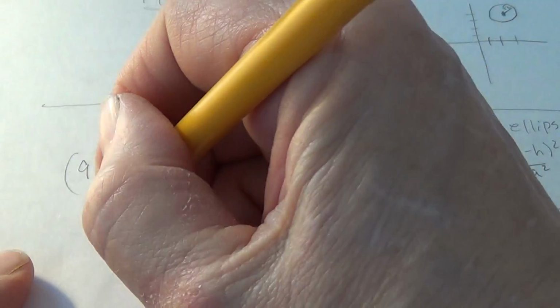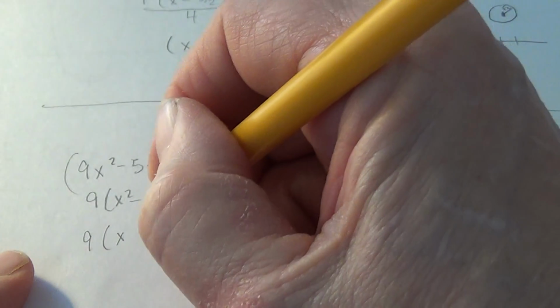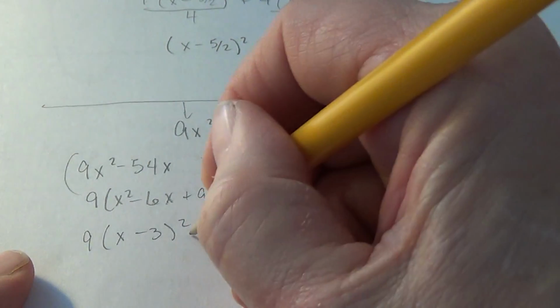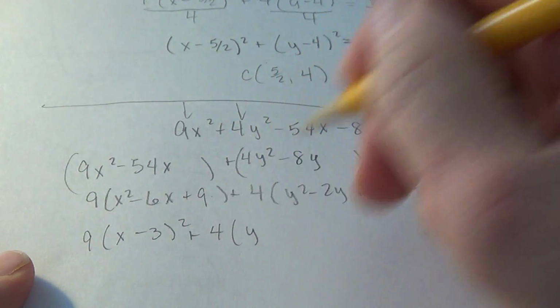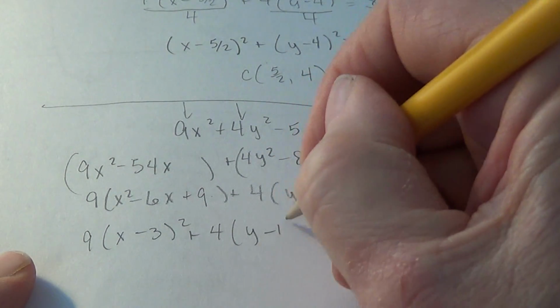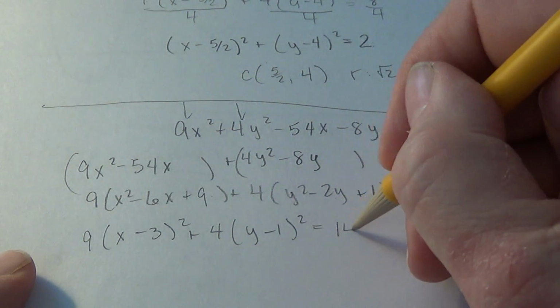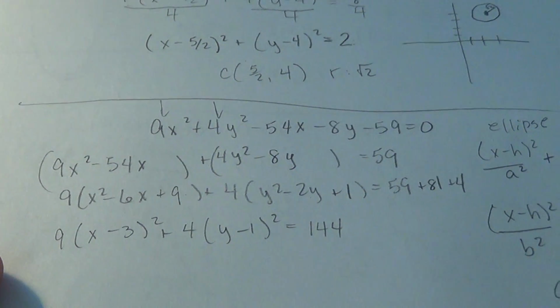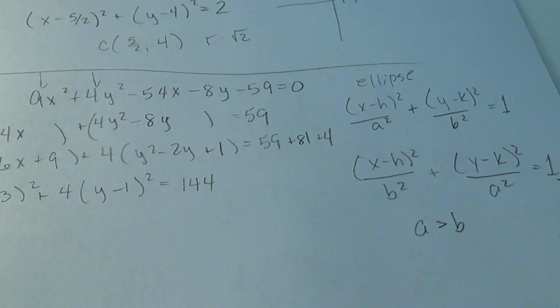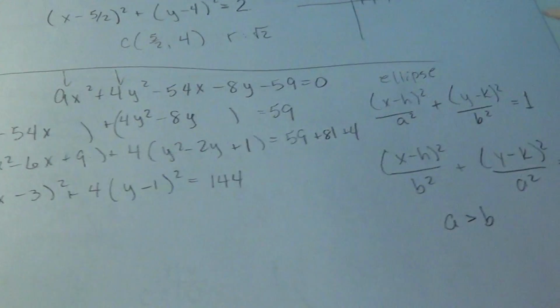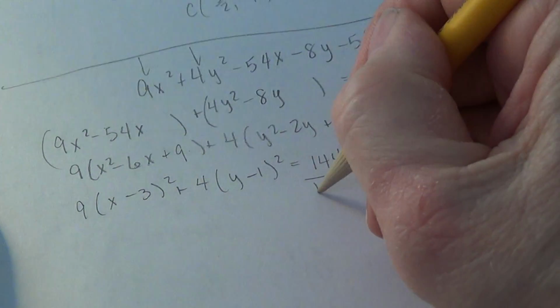9 times (x minus 3) squared plus 4 times (y minus 1) squared equals 144. We're in standard form when this equals 1. So we'll divide everything by 144.